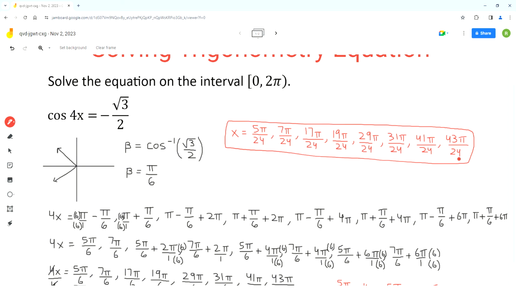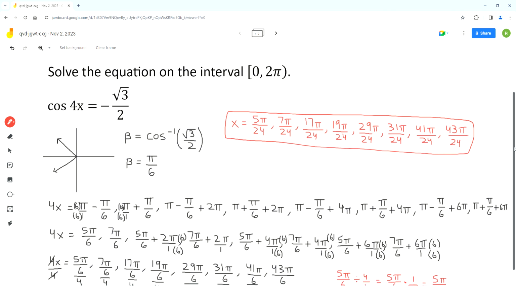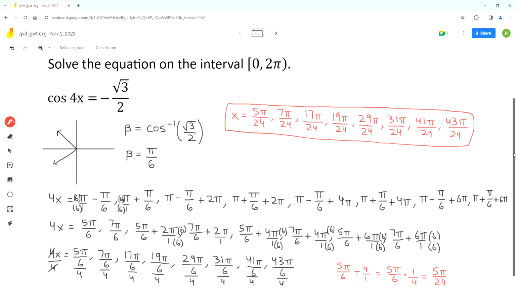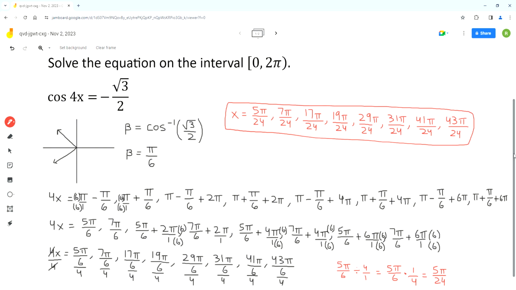So these are the 8 valid solutions for this equation in this given interval. So you have to keep in mind that in this case we are given a quadruple angle 4x. So that's why we have to go around the circle 4 times to find all solutions in this given interval. So these are the steps you have to keep in mind to solve a problem like this one.